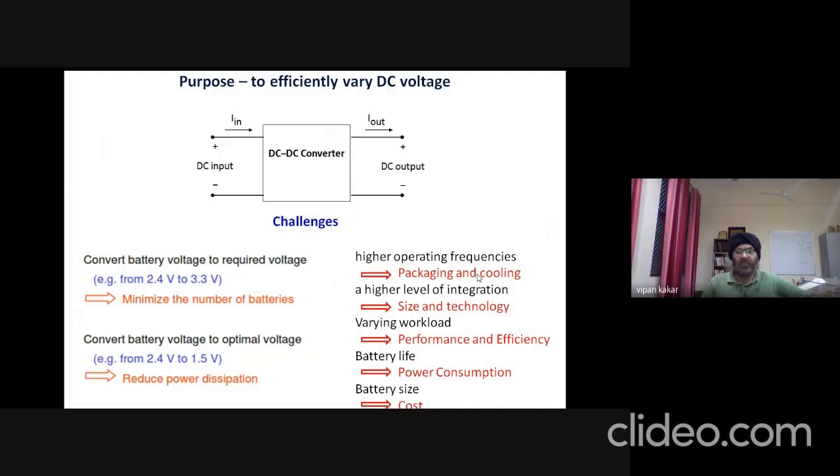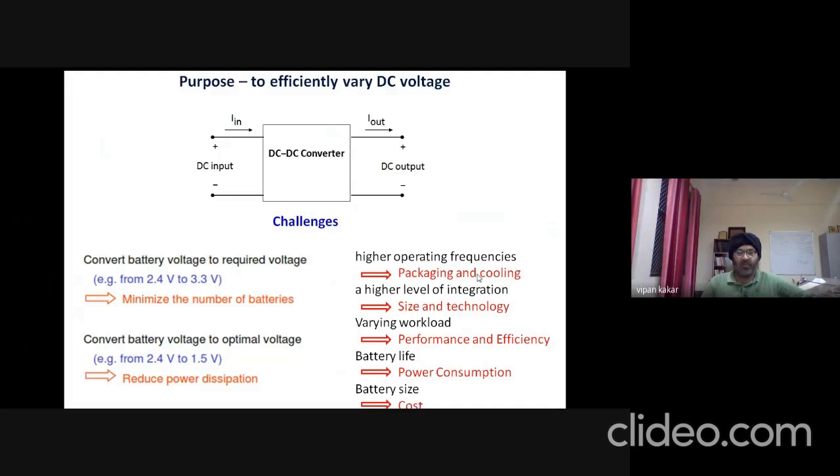So this intermediate circuit can help us to change the voltage levels from this DC input, which is battery. So just by using that circuit, we can vary the output voltage or load voltage, in other words, as per our requirement.